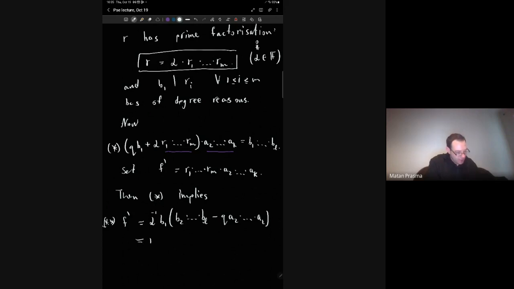But of course, R1 up to Rm, A2 up to AK is another, so we get two factorizations of F prime.